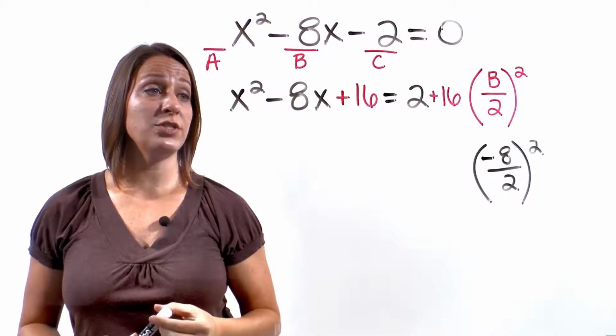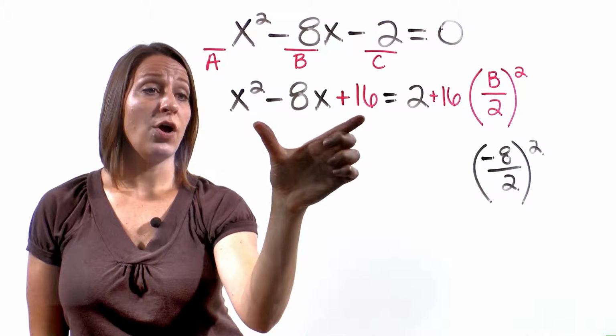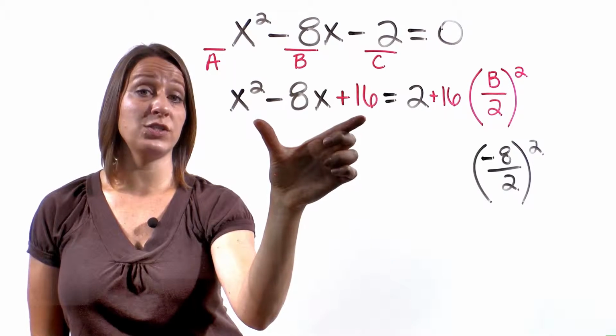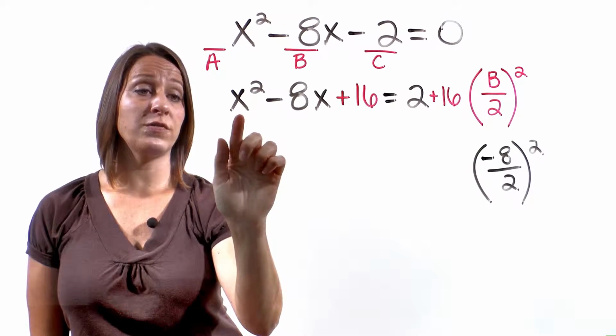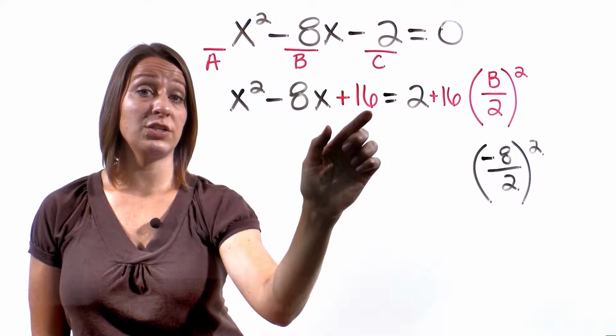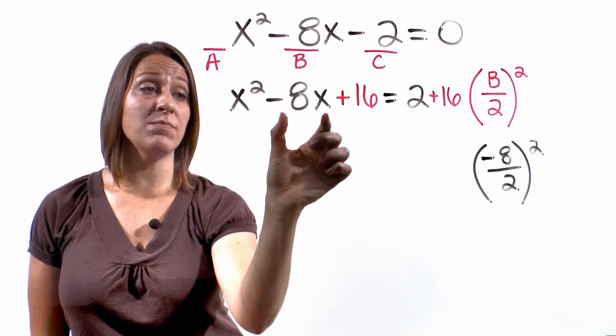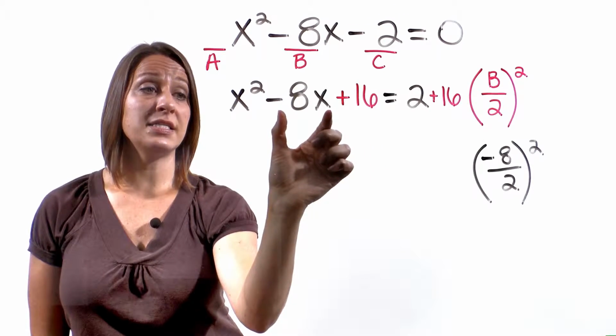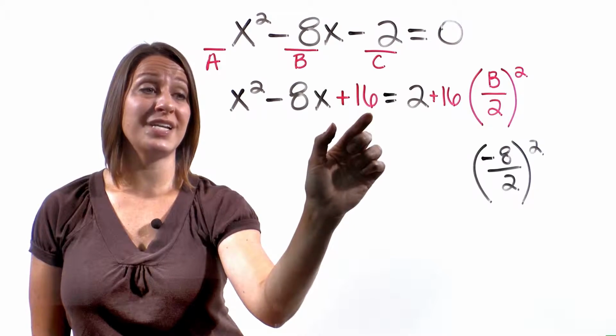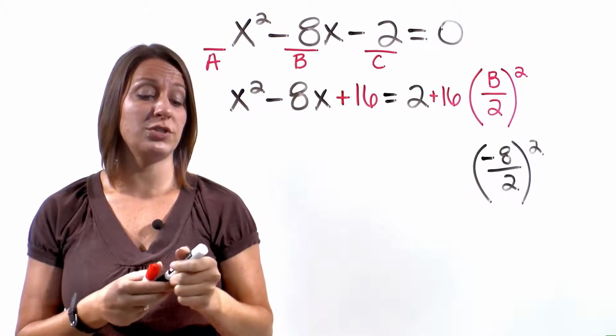Once we've added our number to both sides, we've created a perfect square trinomial where the first term and the last term are perfect squares and the middle term is the square root of both terms times 2, which is our middle term.